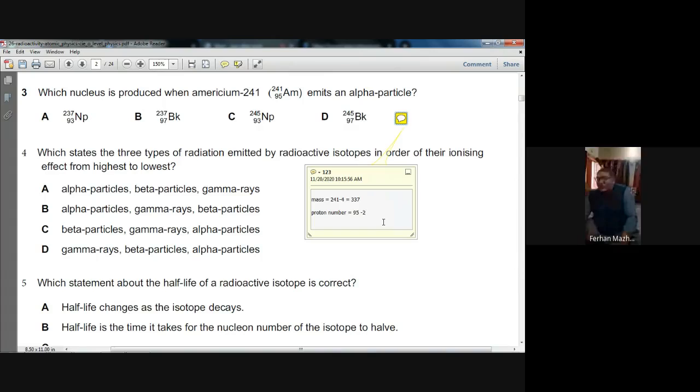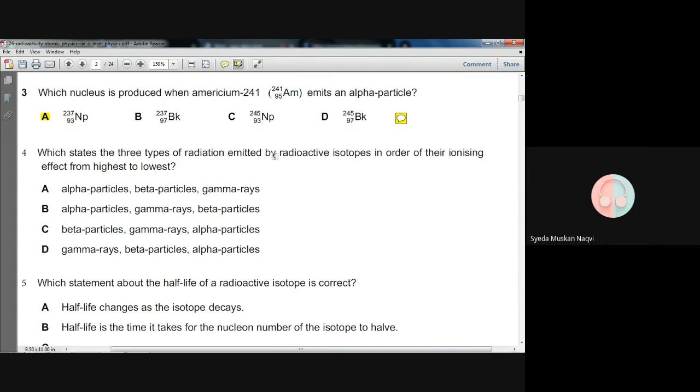It should be reduced by 2, and the final answer will be 93. So the right option is the one where the mass number is 237 and the proton number is 93. So A looks the right answer. Do you understand? Yes, sir.